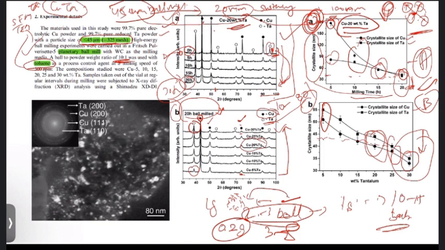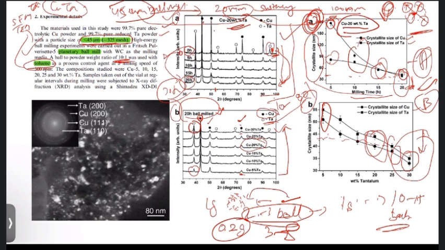Sorry to interrupt, ma'am. What they are trying to tell is that with that percentage of copper and tantalum, the crystallite size will be reduced. Yes. In XRD we were only able to analyze qualitatively; the peak was broad.